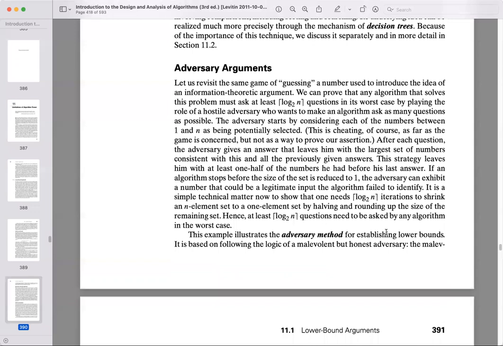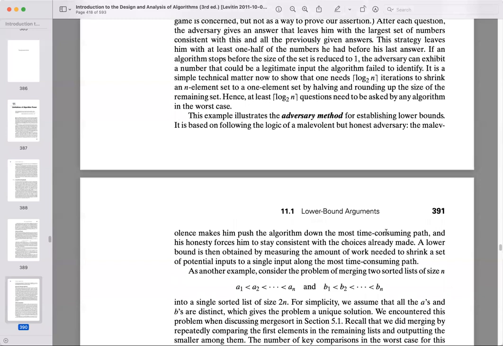Okay. So another way we can do this is that we can look at the worst possibility that we could have. Okay, so we're doing an example here of the adversary method. Okay, so we have a malevolent but honest adversary. Okay, so it's going to follow the rules, but it wants to make things take as long as possible.